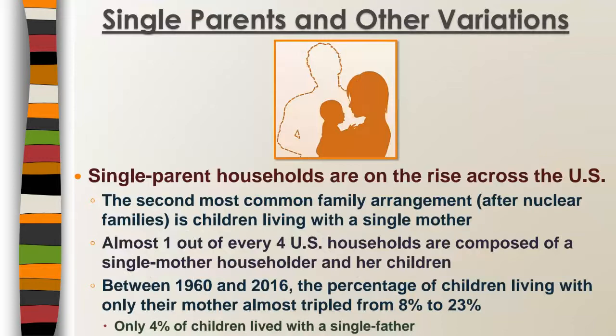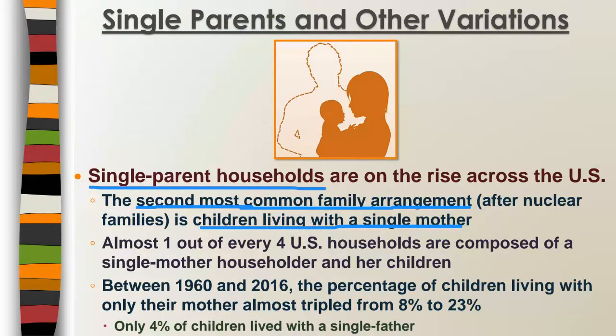Now, another variation we've seen, especially over the past half century, is the rise of single-parent households across our country. The second most common family arrangement, remember we said the nuclear family was the most common, is children living with a single mother.